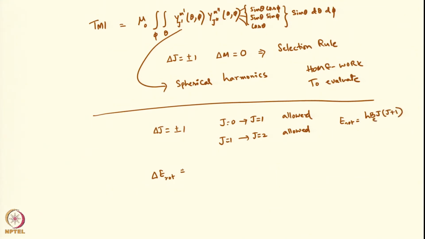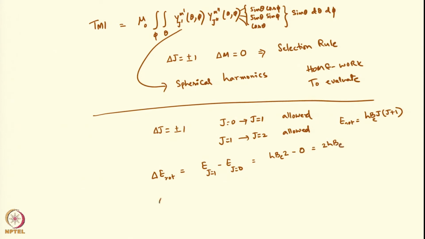So, this will be now equal to E at j is equal to 1 minus E at j is equal to 0. So, if I do that, this will be h B, when j is equal to 1 you will get 1 into 1 plus 1, 2. So, this will be 2 minus, when j is equal to 0 this will go to 0. So, that will be nothing but 2 h B.